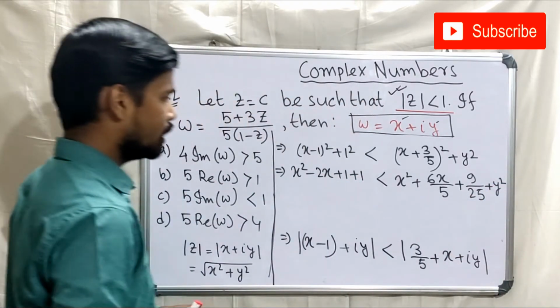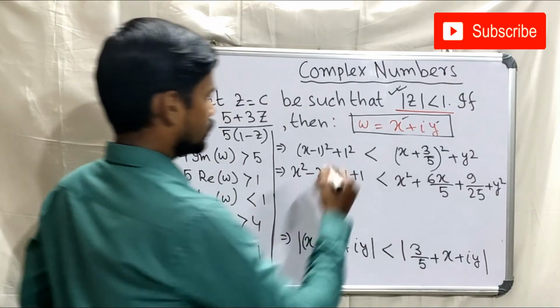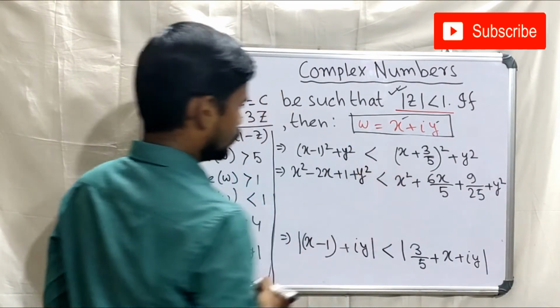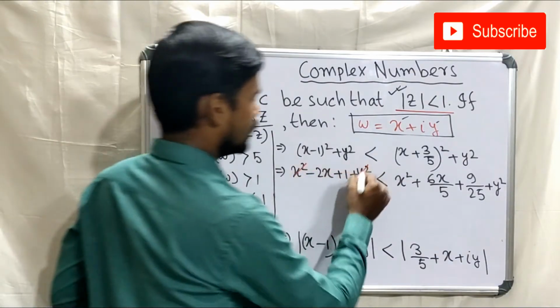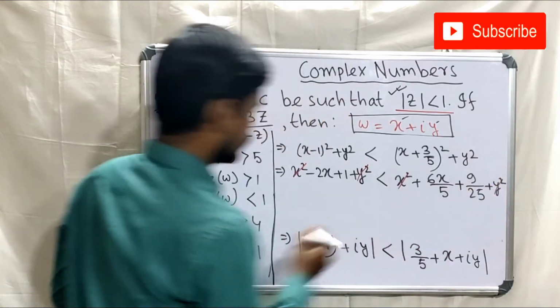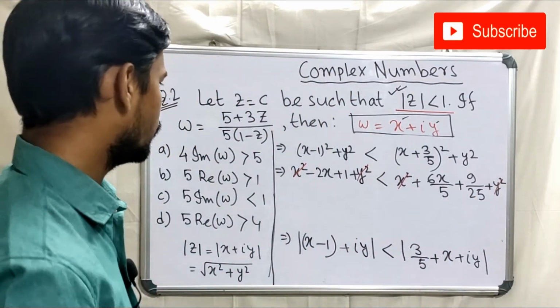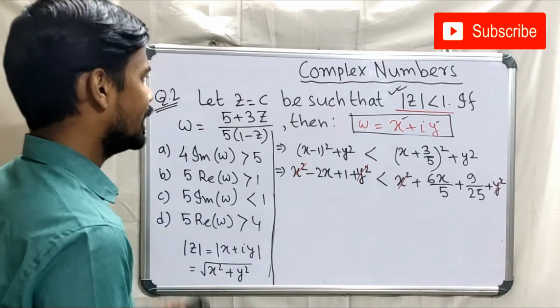We can easily remove the terms like x square and y square from both sides. So we have a relation involved with x and the constant term only.